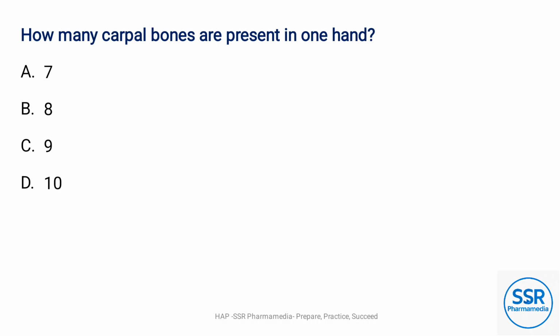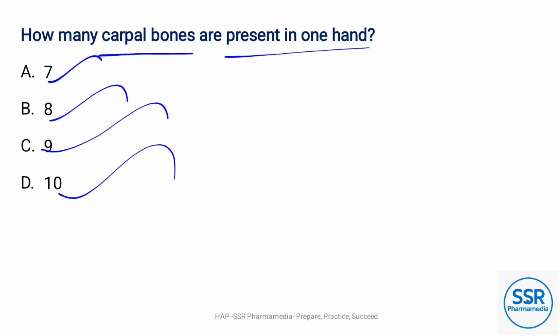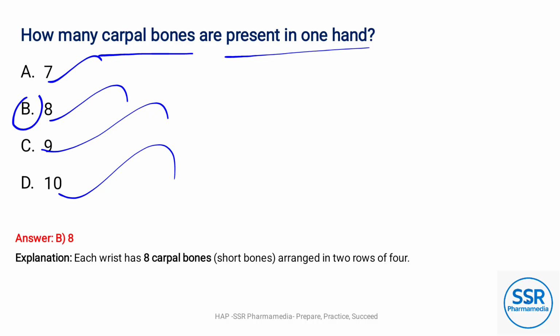Next, how many carpal bones are present in one hand? Option A, 7; option B, 8; option C, 9; option D, 10. So 8 bones are present. Each wrist has 8 carpal bones.